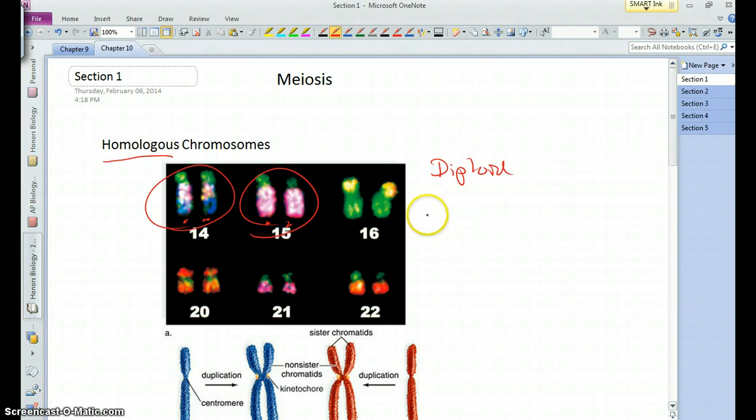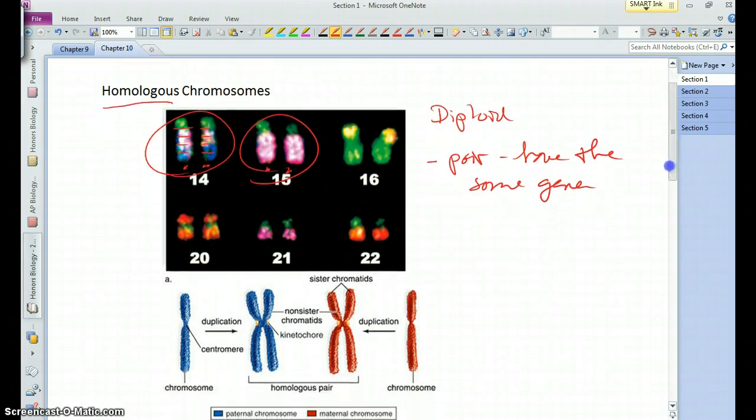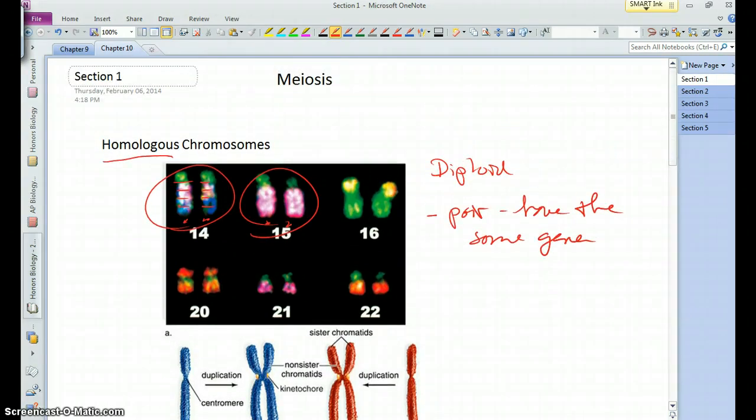And when we say they're homologous, what it means is that the pair have the same genes on them. So there'll be a series of genes along this chromosome, and along the other chromosome, they have the same genes. Now, that does not mean that they have the exact same form of those genes, because on one of the homologs, for example, you might have a dominant form of a gene, whereas on the other homolog you might have a recessive.